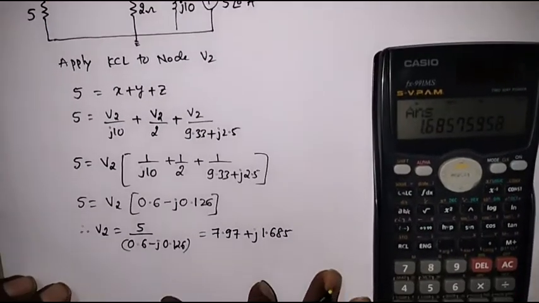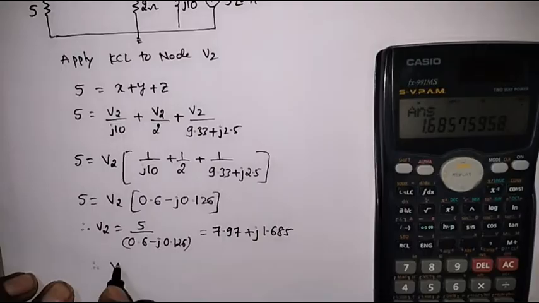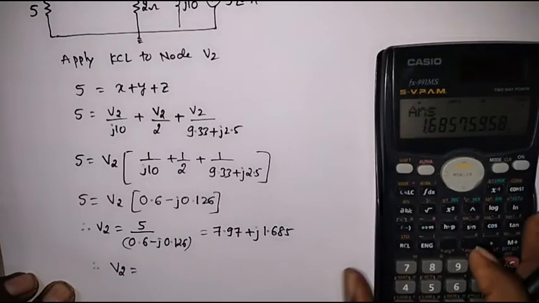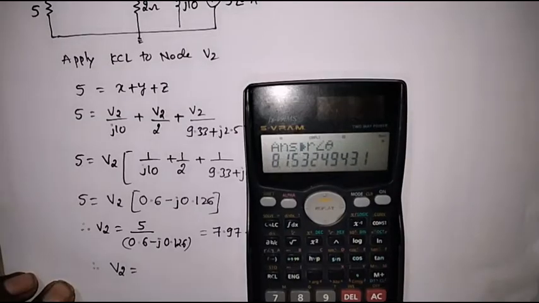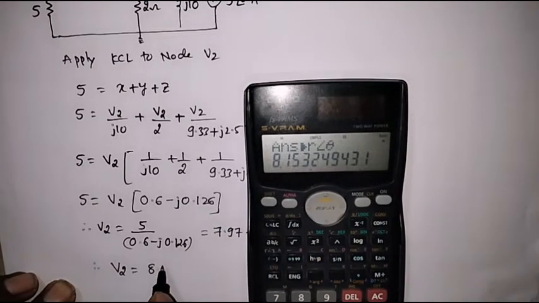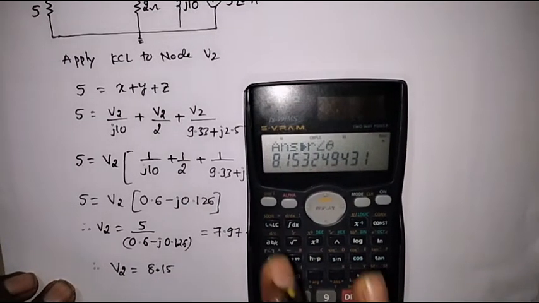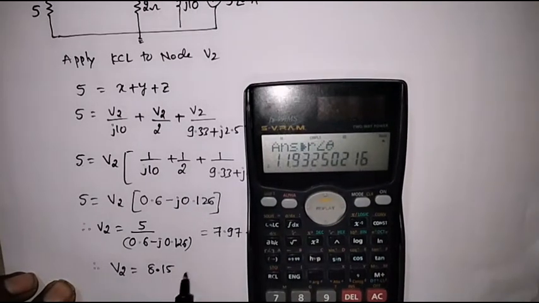Let's keep V2 in rectangular form, or V2 is equal to, just press shift R angle theta, it gives 8.15 at an angle of 11.9. We can approximately take it as 12 degree.